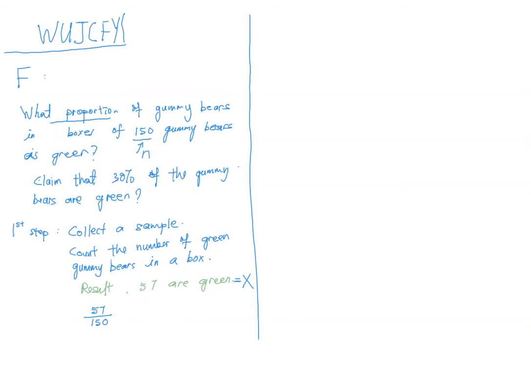Now if I put 57 divided by 150, can I say this is the proportion of the population? No. So what do we call this? Proportion of sample. So we call this the sample proportion.